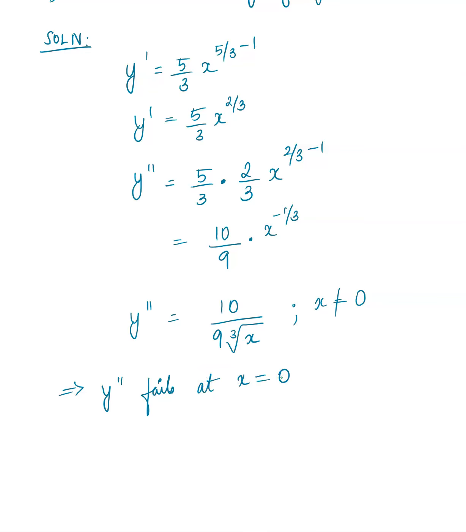This helps us to break it up into what happens to the left of 0 and what happens to the right of 0. So now let's say when x is negative, okay, what happens to y double prime? So choose a negative value, okay? Because it's a cube root, I just want to choose a convenient negative value. Let's say negative 27. Is the cube root of negative 27 defined?